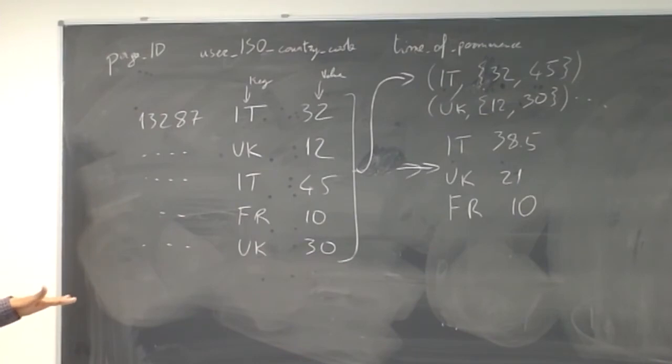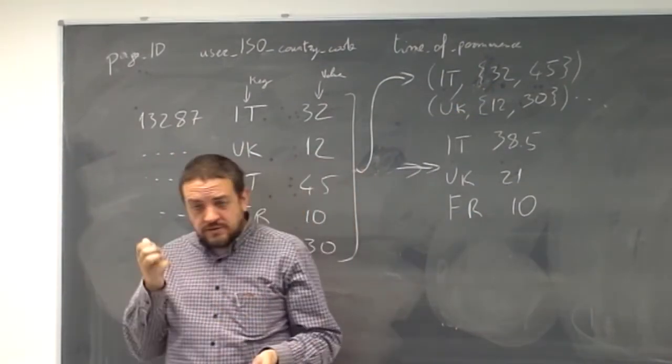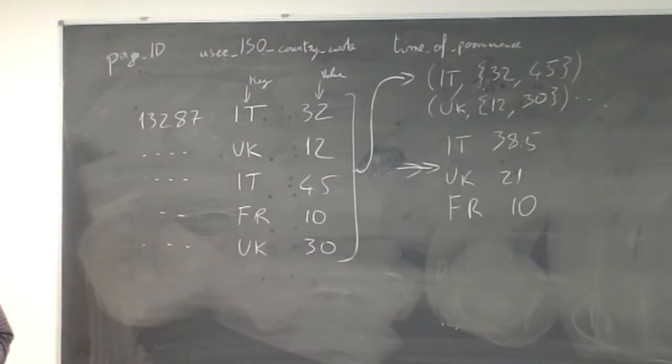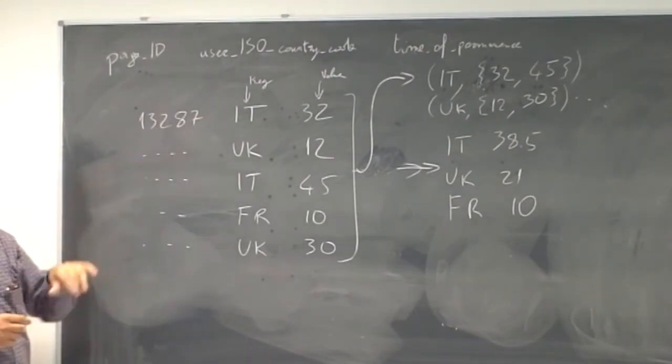The problem is, can we actually use a combiner in this case? Yes or no, and in both cases, why? So remember, a combiner just makes the same steps as a reducer does, but within a single server.